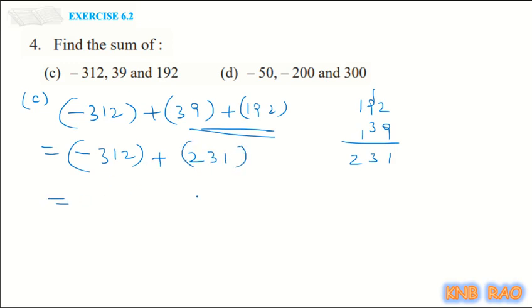Here one is a negative number, another is a positive number. So, obviously 312, how many steps more than 231? 2 minus 1 is 1, 11 minus 3 is 8, and 0. Here 81 is the steps that many more than 231 by this 312. So, 312 is 81 steps more than 231. The nature of this bigger number is negative, so it will come as the answer.